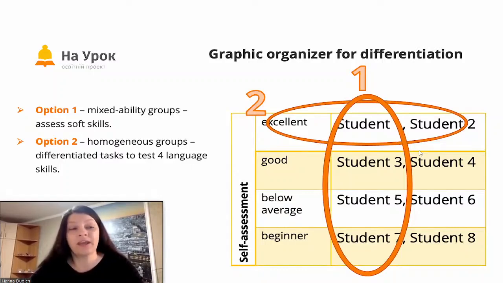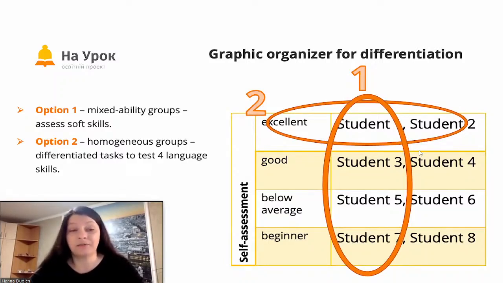And when we are preparing the tasks, we usually try to differentiate our instructions. So let me present you this graphic organizer, which can be used by teachers to differentiate instructions.